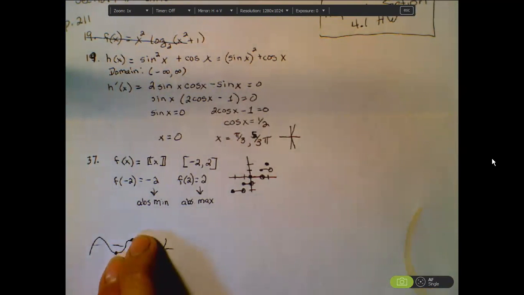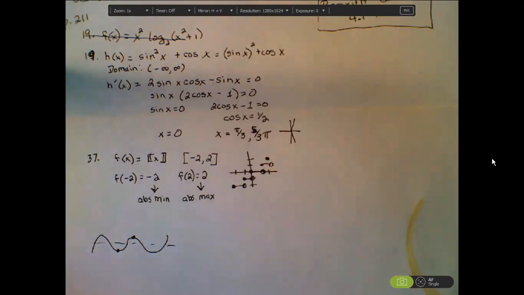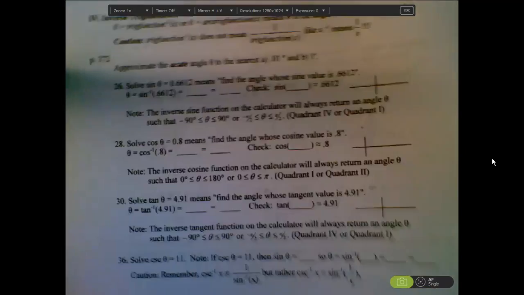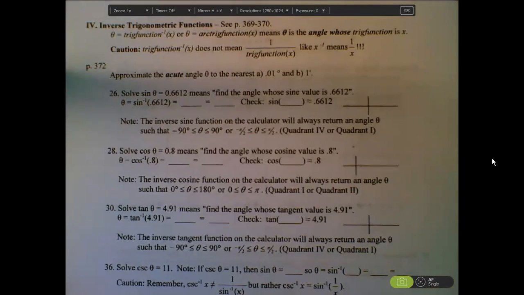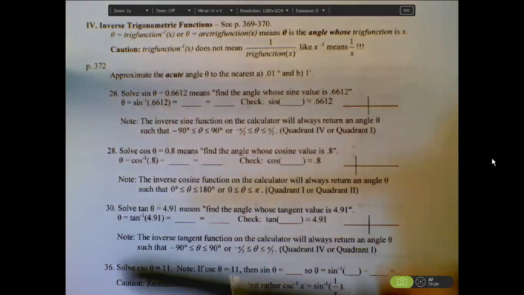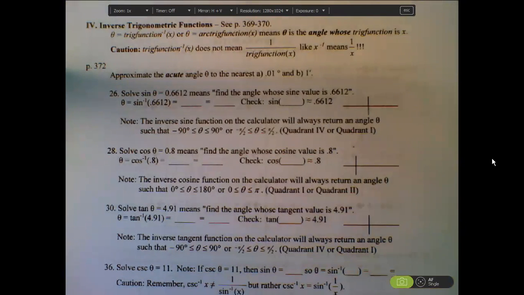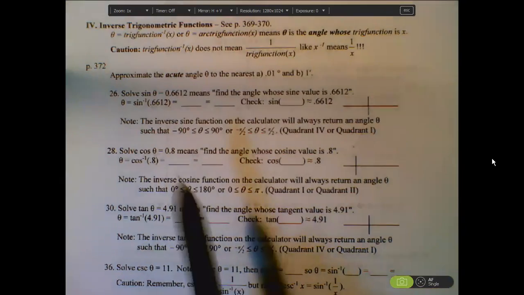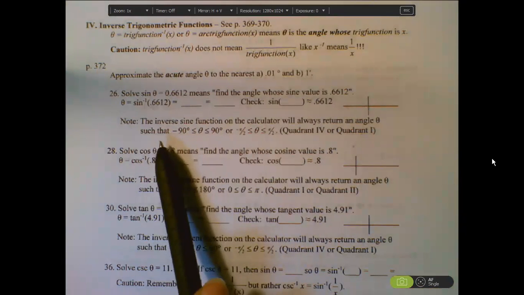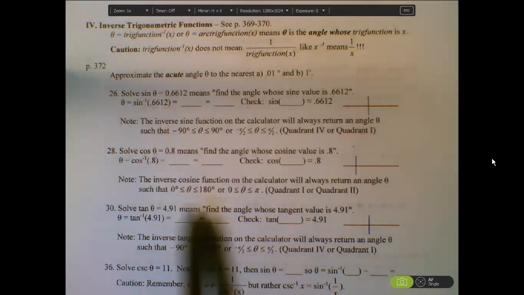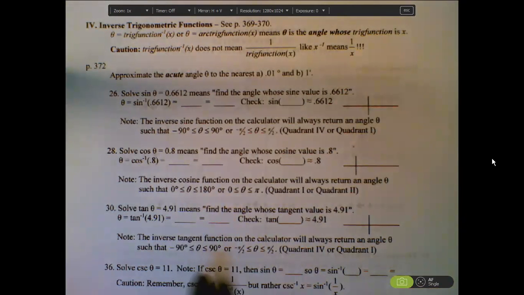So what's important is recognizing what the restricted domain of each of the trigonometric functions is in order to make them one-to-one. And if you looked at the video, you have the 26 through 36 filled out. And it gives you the restricted domain for sine and the restricted domain for cosine and the restricted domain for tangent. And you have to know those.